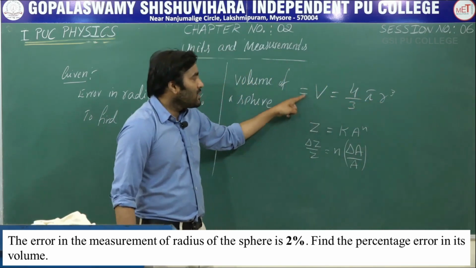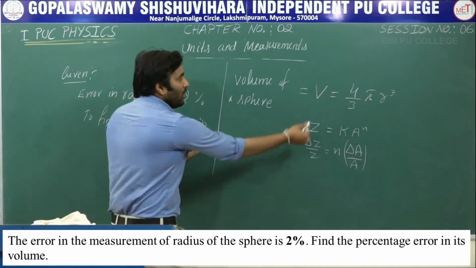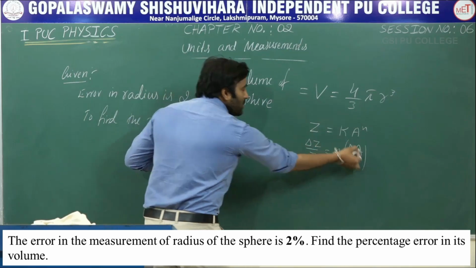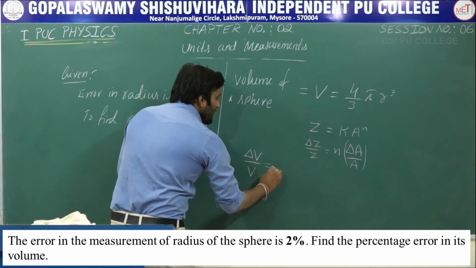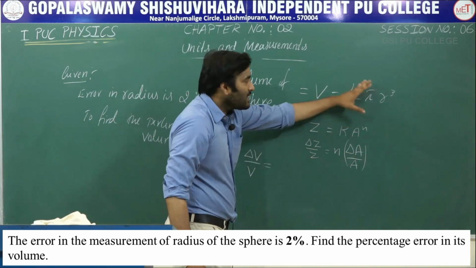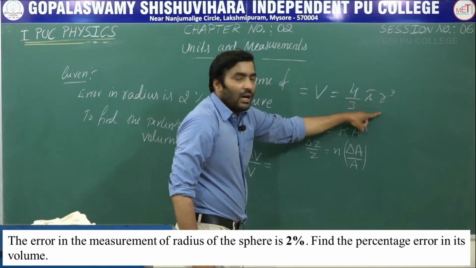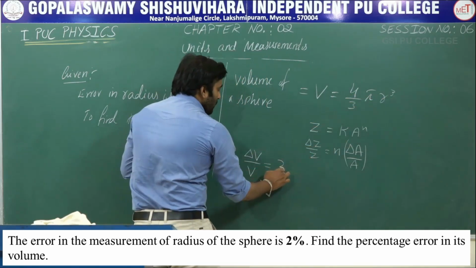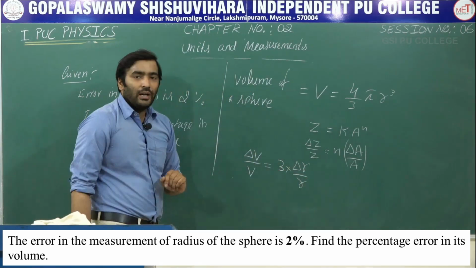So they have given the value of percentage error in radius. We need to find what is the error in V. So let us write the relative error of V now, in terms of this equation. So delta V by V is equal to, this is a constant, so I should omit that. This constant ಅನ್ನು ನಾನೀಗ ಬಿಡಬೇಕು. ಬಿಟ್ಟು ಏನು ಬರೀಬೇಕು? 3 into delta R by R. So 3 into delta R by R. Correct?